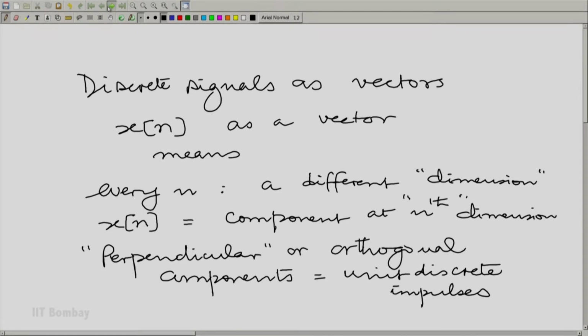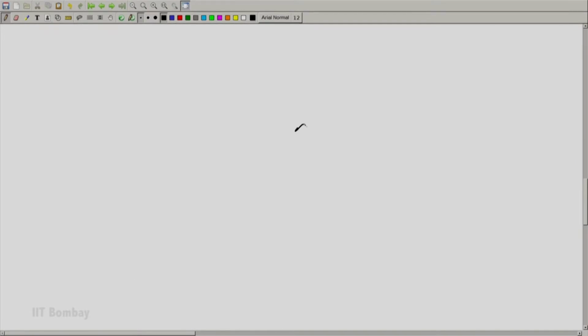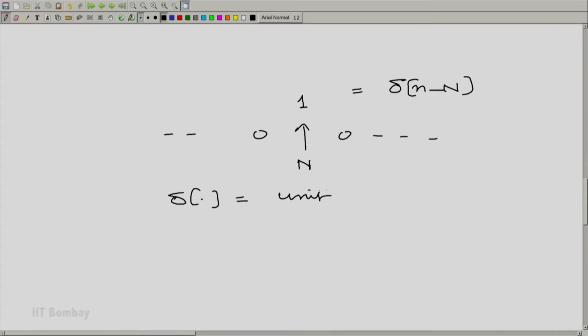So, for example, if I have a 1 at the location capital N and 0 everywhere else, this is essentially the sequence delta[n minus N], where delta denotes the unit discrete impulse or unit discrete impulse sequence as we would like to call it. For every different capital N, a different unit vector.